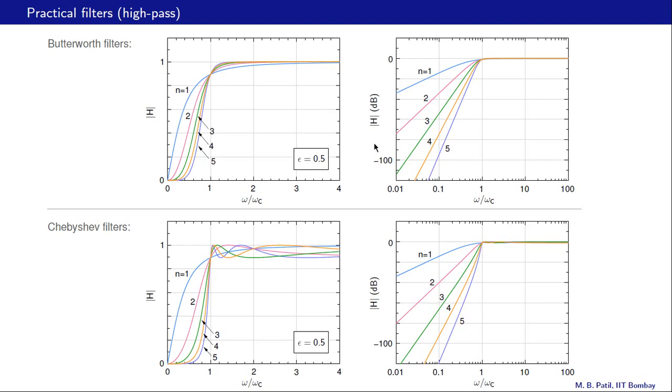Once again, in this plot where mod H is in dB and omega is on log scale, we can make out the order of the filter from the slope here. So this slope would be 20 dB per decade, that would be 40 dB per decade, 60 dB per decade, and so on.